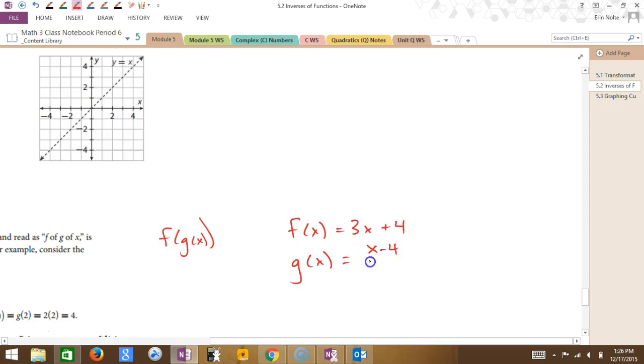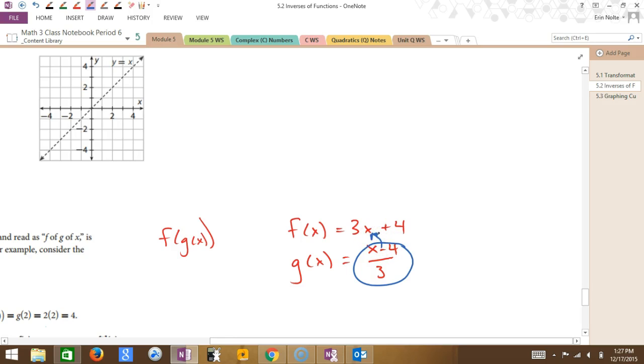They're going to ask you to prove that two things are inverses by doing a composition. So what I'm going to do is take the g and plug it into the x value of the f function.